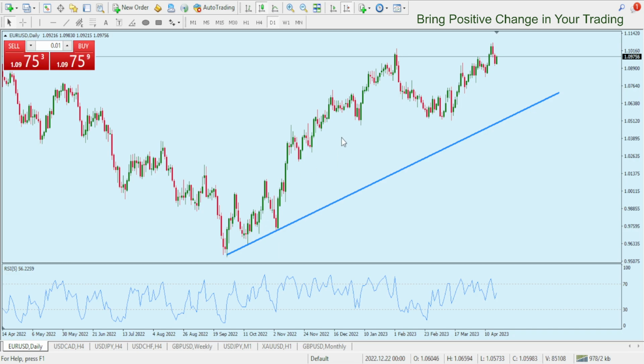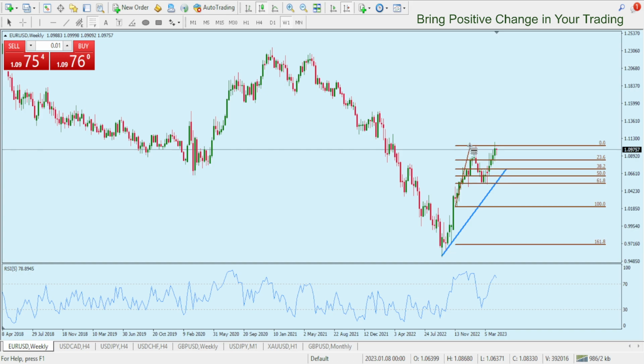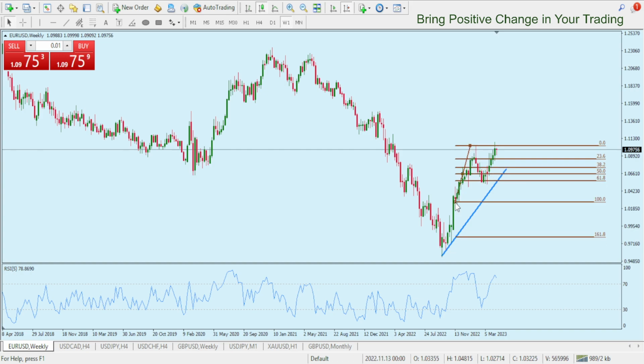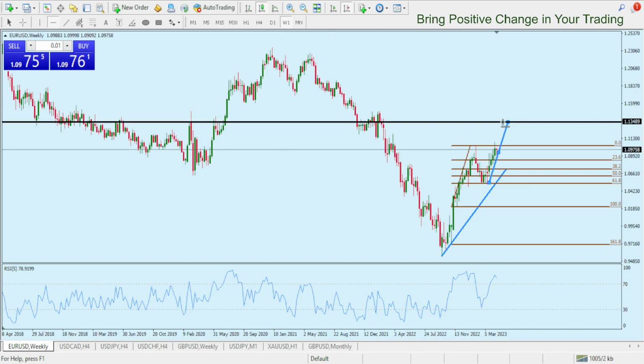So euro US dollar, let me find out where was the first impulsive wave which is negative that I have discussed in the weekly forecast videos, and in the previous video, most probably on Friday or maybe Thursday, I have uploaded forecast for euro dollar, and in that video I have discussed this level, and it is clearly showing me that it's going to approach 1.13489.